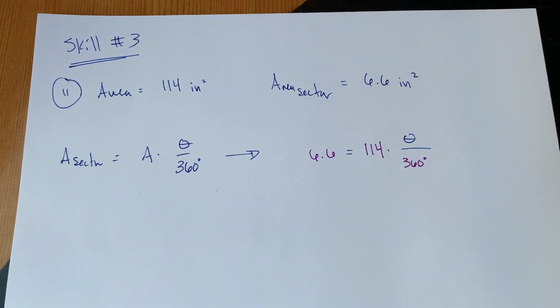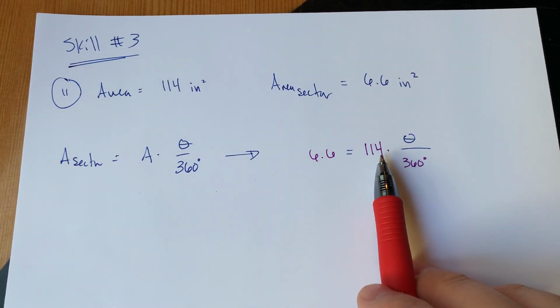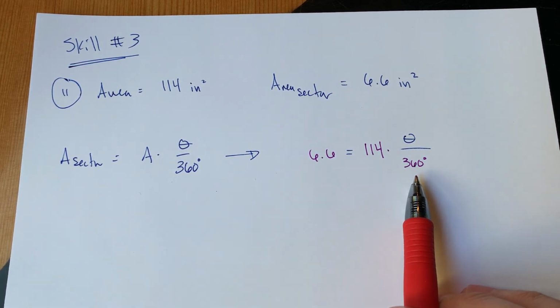And in theory, this algebra is the exact same algebra setup from what we did in the last one. Just to change it up a little bit, what I'm actually going to do is change the order of how to solve it, just for kicks, just to show you guys something a little different. So what we did in the last one is we said, well, 114 divided by 360, right? We could do that math on its own, get one number there and then go.